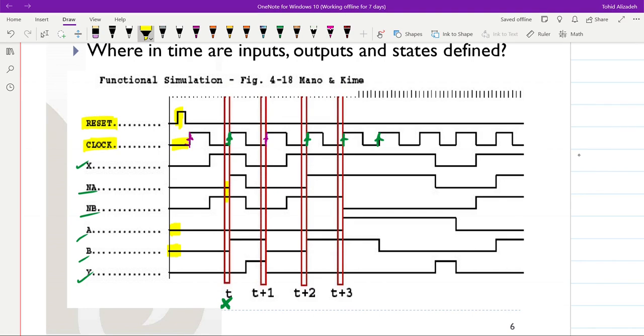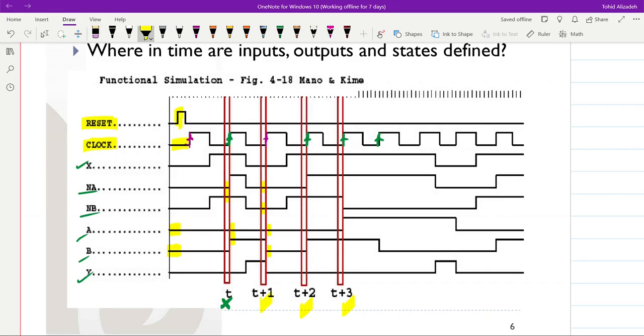Therefore, after the rising edge of the clock, the value for A will remain as 0, and the value of B will switch to 1. Then, at the next rising edge of the clock at T plus 1, we can see that for NA we have 0, and for NB we have 0, and therefore, after the rising edge of the clock, A and B will switch to 0, or they will remain at 0. And similarly for the next rising edges of the clock.